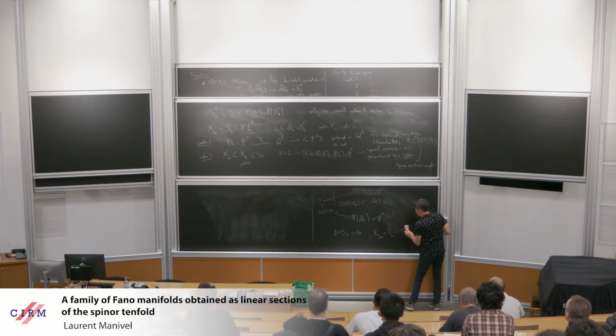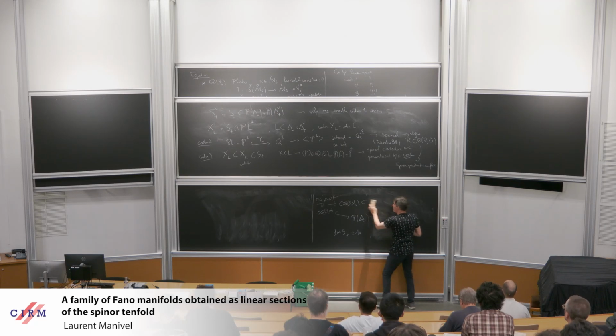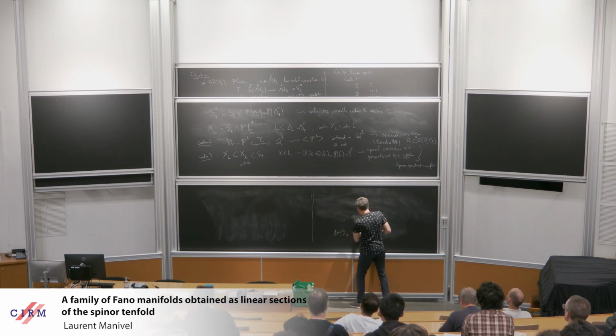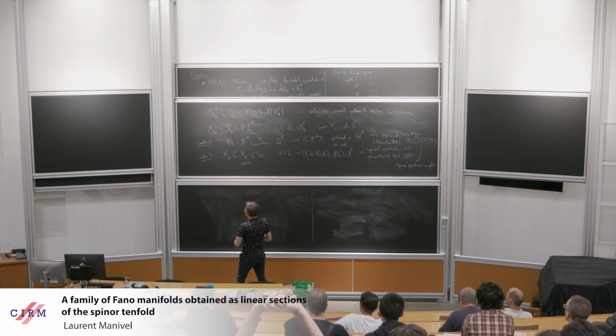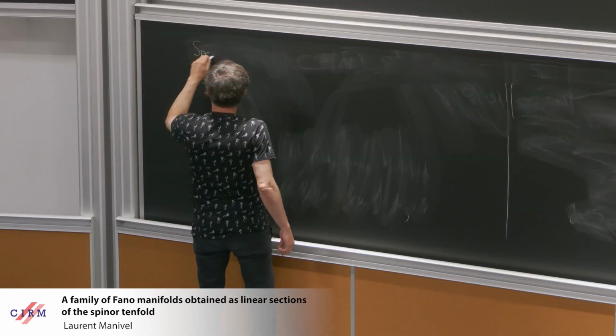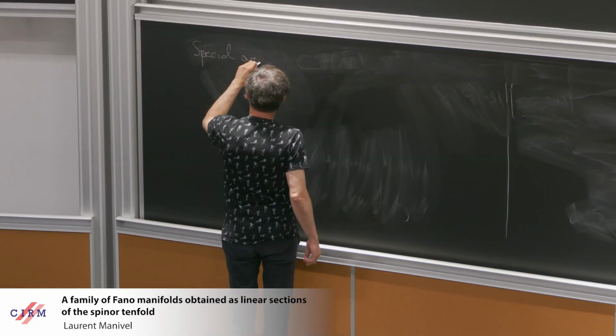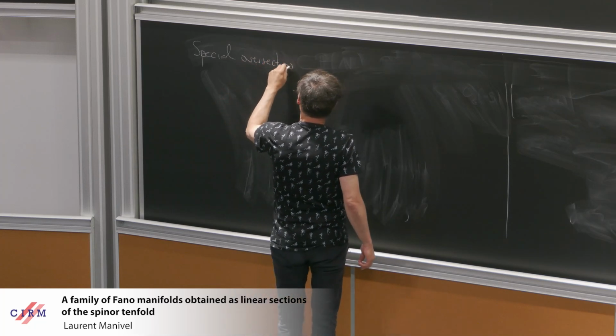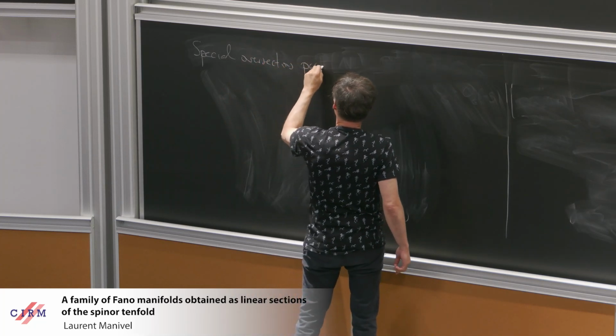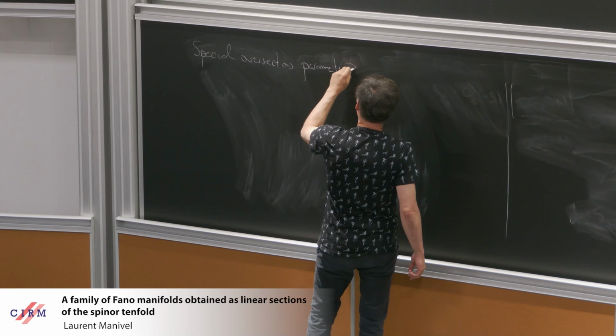To be precise, I should say that this is a quadratic condition on the plane. So special oversections are parameterized by, in general, a smooth conic.